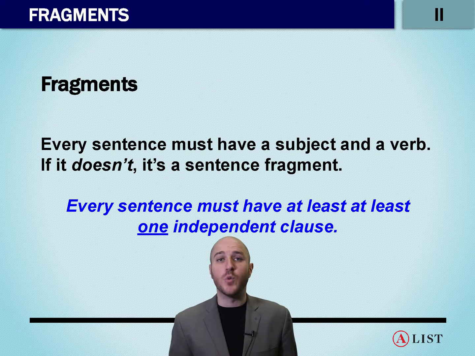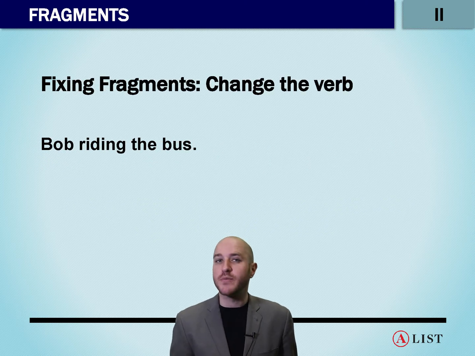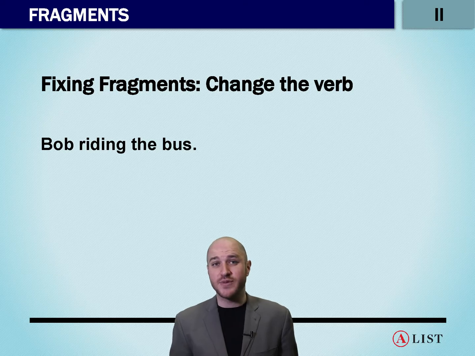We have a couple of different ways we can fix sentence fragments. The first way, we might be fixing a verb, changing a verb to make the clause independent. Bob riding the bus. What's the verb here? We're not actually fixing the verb because there really isn't a verb. We need to add a verb.